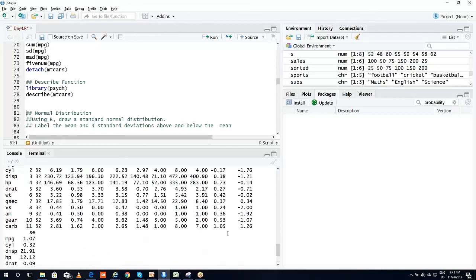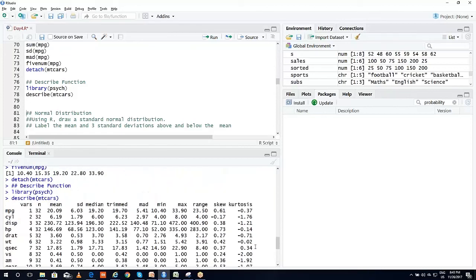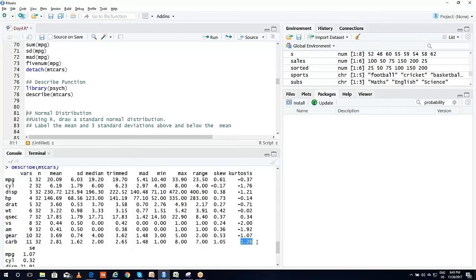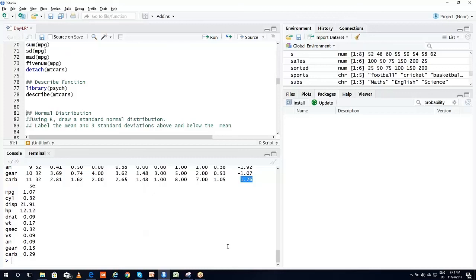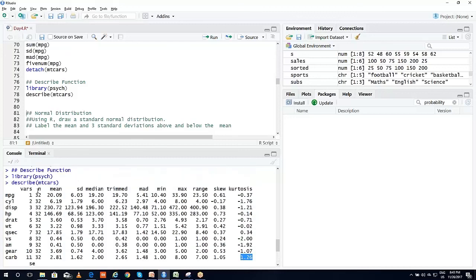Similarly, kurtosis, all are negative kurtosis except for one, which is positive kurtosis. That means it is leptokurtic. All the others are platykurtic. And this one is a good example of a leptokurtic or positive kurtosis. All these details you can get by just executing one command, that is describe on the mtcars or any data set that you want to analyze. This is a quick analysis you can do.